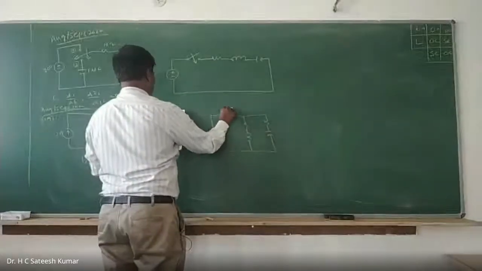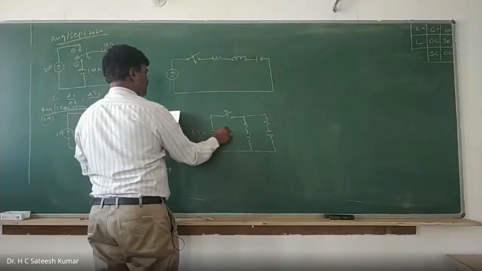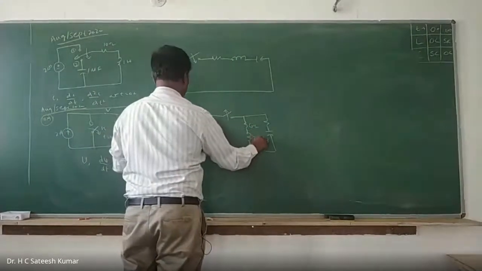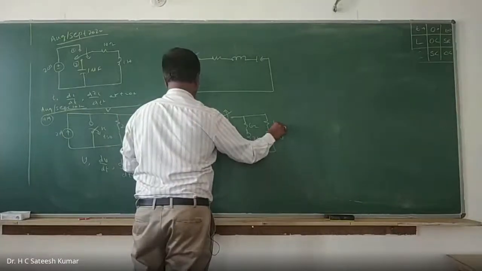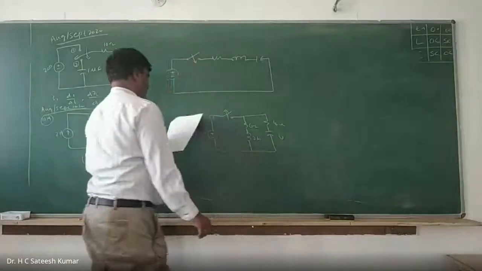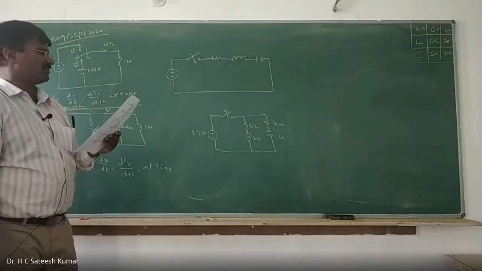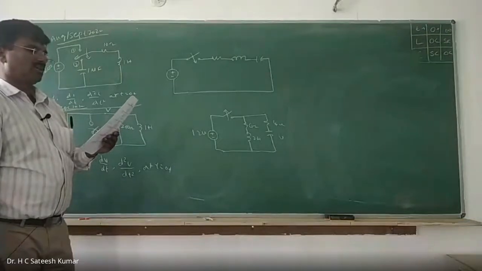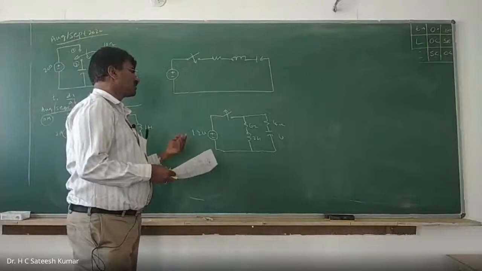Switch is open like this. 12 volts, 6 ohms, 2 Henry, this is V, 4 ohms. So for the circuit shown in figure, find out I0 plus, V0 plus, di by dt and dV by dt at 0 plus, and I infinity and V infinity. That means he has asked for the steady state current and voltage.